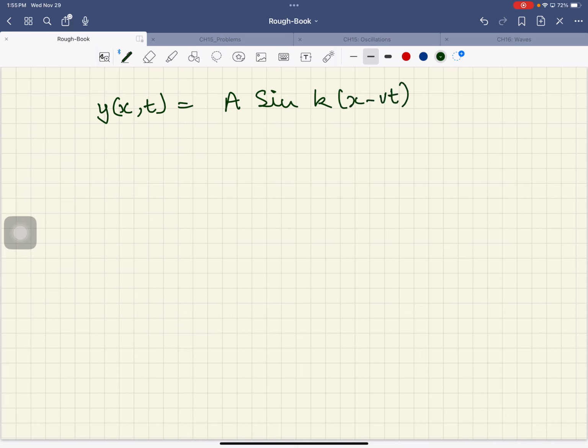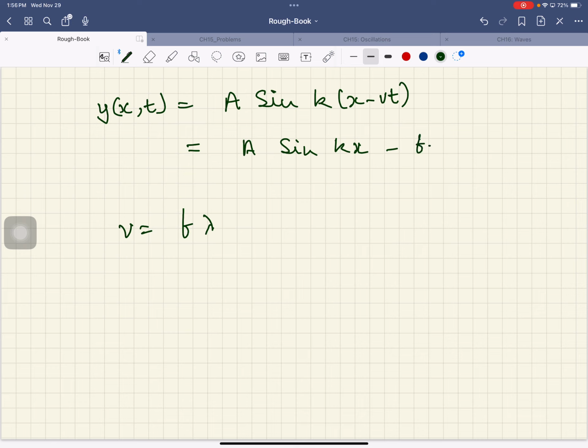In a second you will learn that the velocity of the wave is given in terms of frequency and wavelength like that. I'm jumping ahead a little.